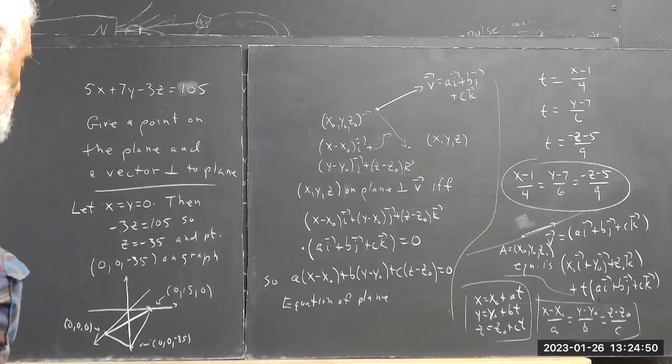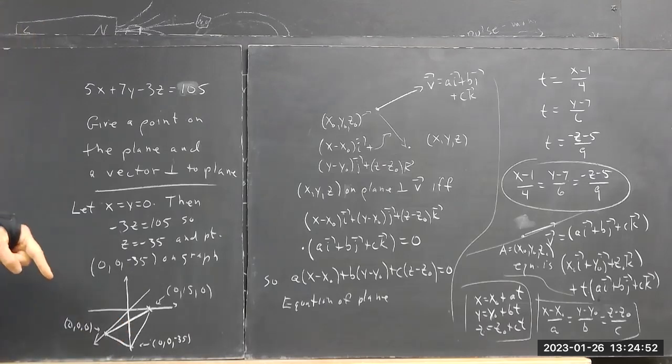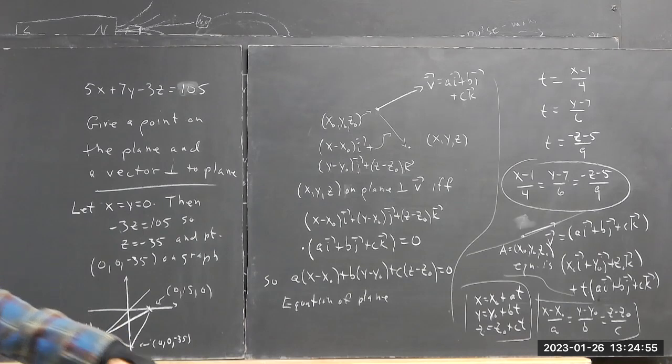Okay, so there's a plane. So we know that a normal vector would be like down and to the right. Forward, down to the right. Or backward, up to the left. Either way.